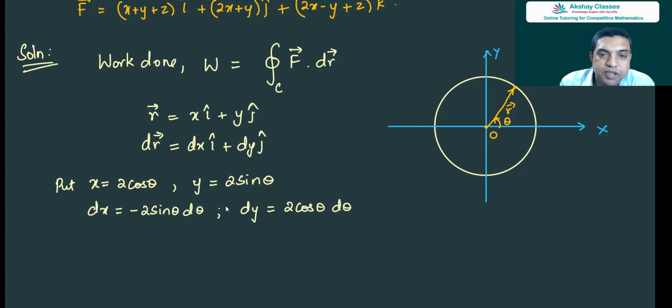Now, second thing, of course it's a three-dimensional vector function. But because we are integrating around this circle, x can be written as 2 cos theta, y can be written as 2 sin theta, and z will be 0.